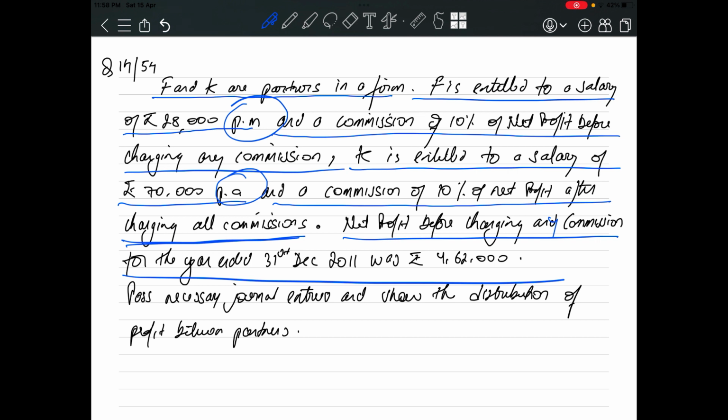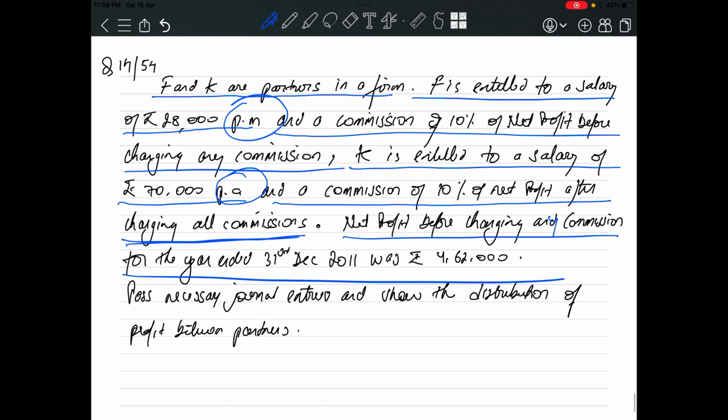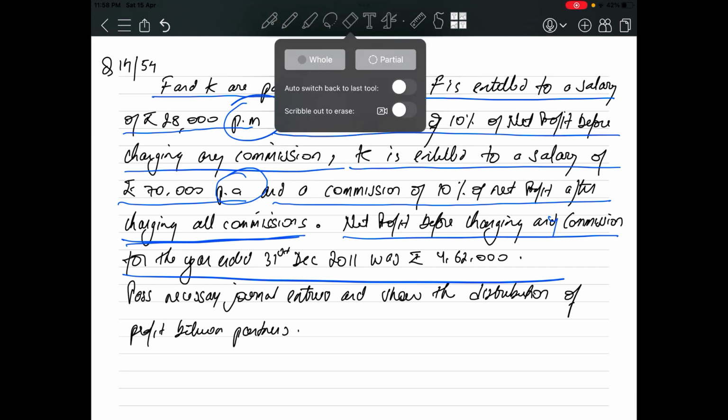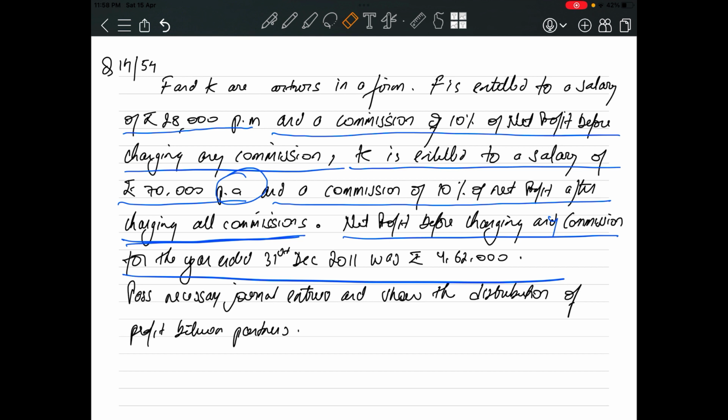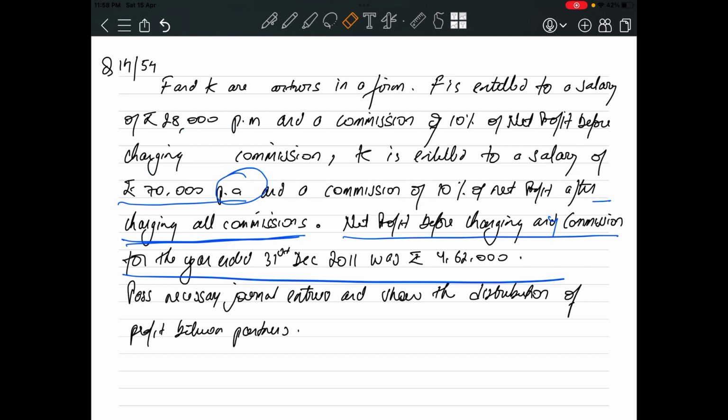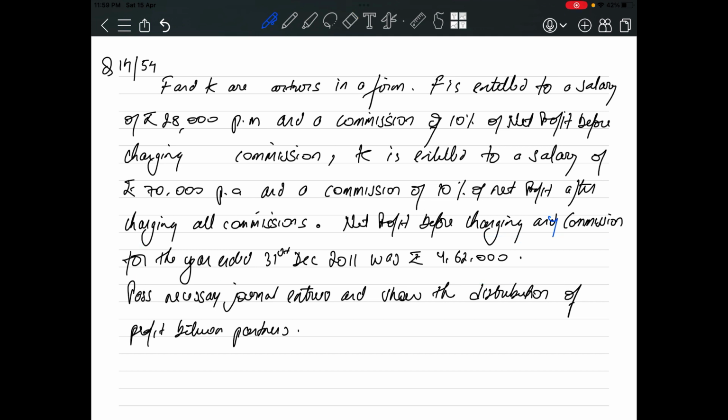Pass necessary journal entries and show the distribution of profit between the partners. So the requirement of the question is to pass necessary journal entries and to show the distribution of profit between the partners. I hope the question is clear. If you want, you can read the question again. So we will now begin with the solution.